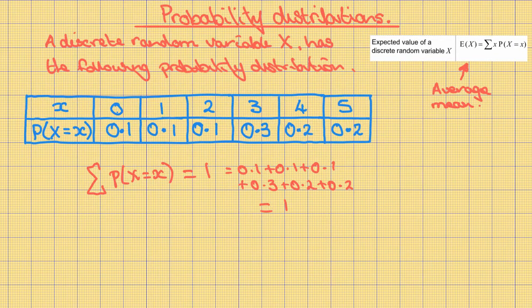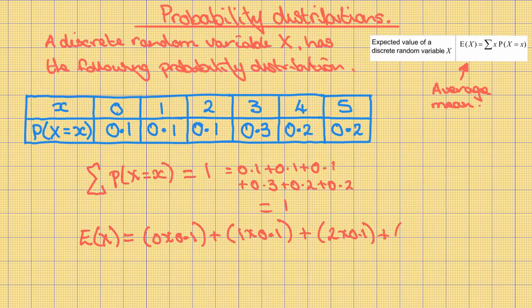So to find the expected value in this case, the expected value of x is equal to 0 times 0.1 plus 1 times 0.1 plus 2 times 0.1 plus 3 times 0.3 plus 4 times 0.2 plus 5 times 0.2.